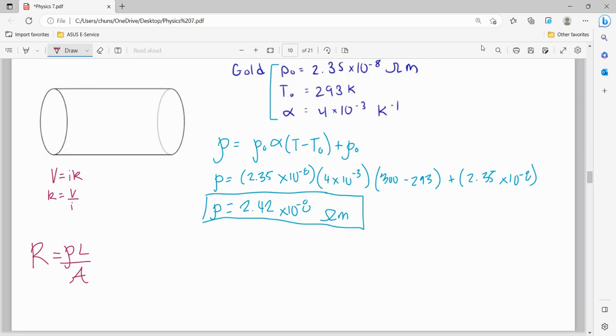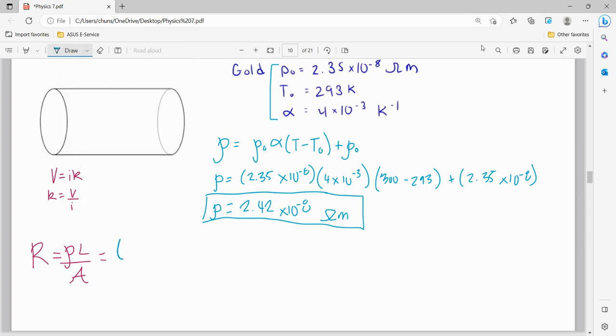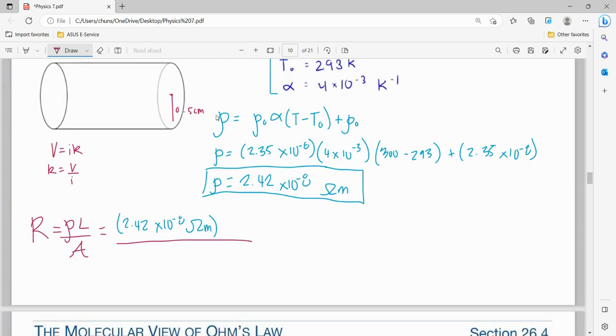This is just a different representation of our previous equation. This will be 2.42 times 10 to the negative 8 ohm meters, divided by our area, our cross section area, not squared, just regular area. This is 1 centimeter in length, and we have 0.5 centimeters in radius. So we know our area is pi r squared.